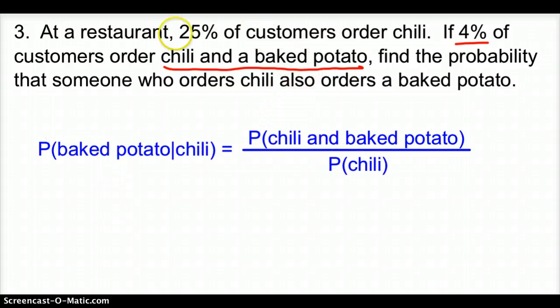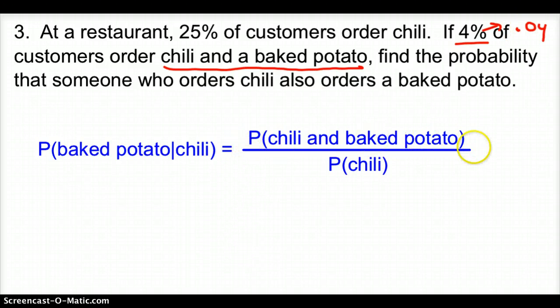I want to break apart the chili and the baked potato because it says we're looking for who orders chili also orders a baked potato. So if they order chili and a baked potato, we know that they're going to order that baked potato. So I'm going to start off with 0.04, and why is that? Because this is a percent. That percent to a decimal is 0.04.